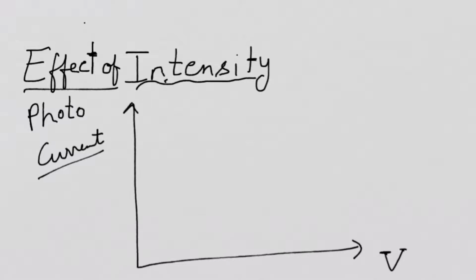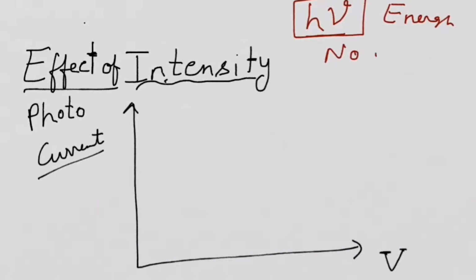Now, the effect of intensity means that when the intensity of the incident light is increased, there will be no change in the energy of a photon. There will be a change in the number of photons only. Remember, when you change the intensity of light, there is no change in the energy, only the number of photons will change.